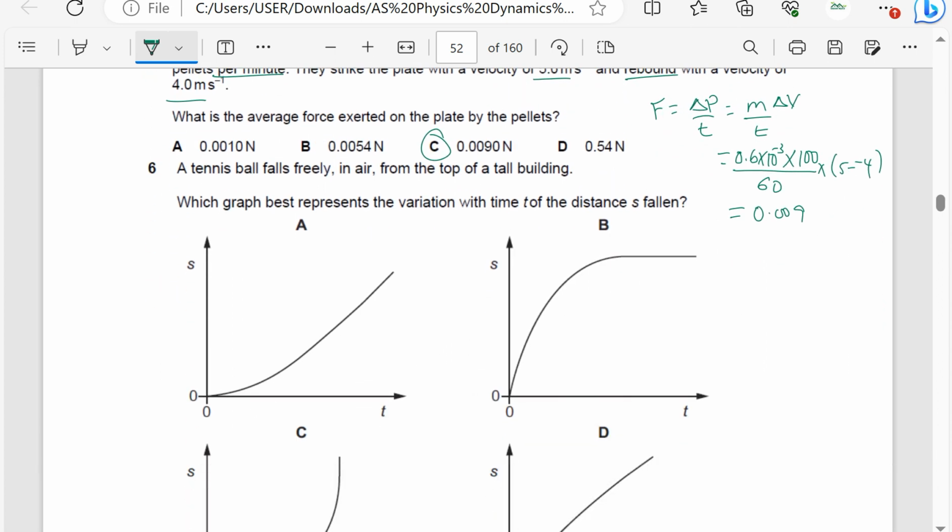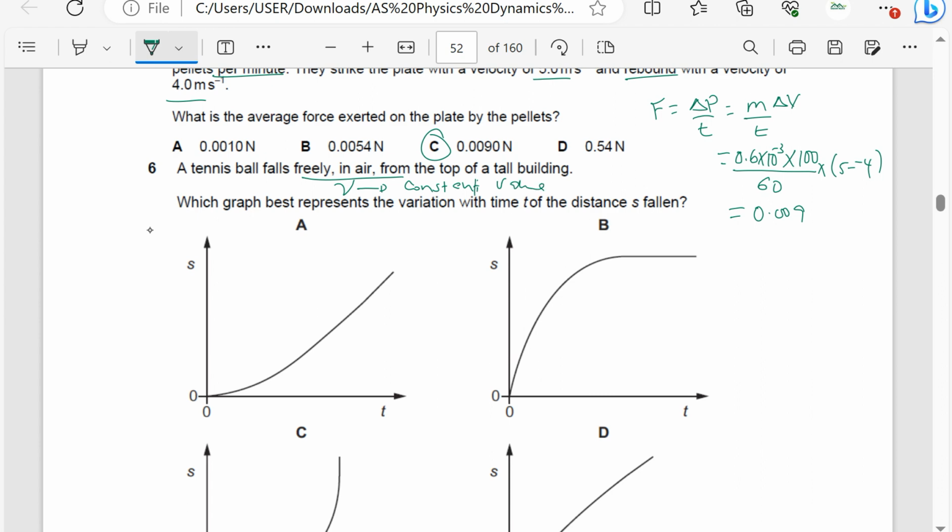A tennis ball falls freely in air from the top of a tall building. It is falling in air. Which graph best represents the variation with time of the distance s? The speed will reach a point and become constant. So v tends to a constant value.